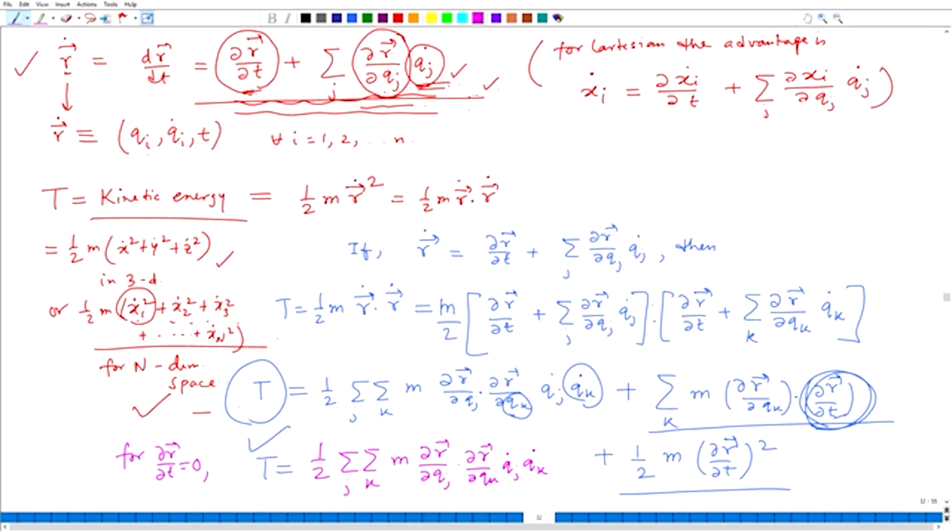So, you see finally your kinetic energy becomes simply a quadratic function of the generalized velocities. This is a very important result, we need that actually.